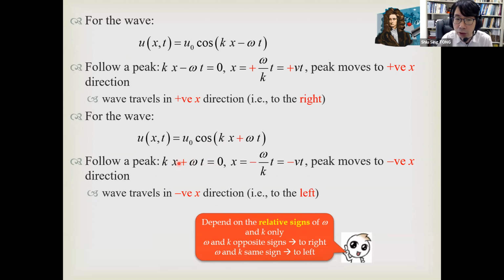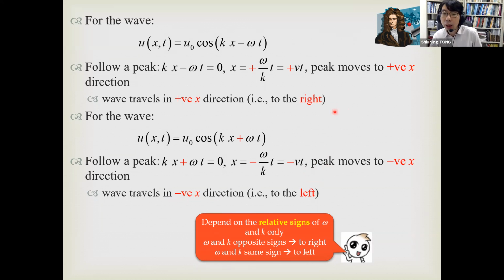We find that if the sign before the omega is a plus sign, then x becomes minus omega over k t, or minus vt. Obviously, this expression tells you that the peak is now moving in the negative x direction, because there's a negative sign before the velocity. So that corresponds to a wave traveling in the negative x direction, that is, to the left.